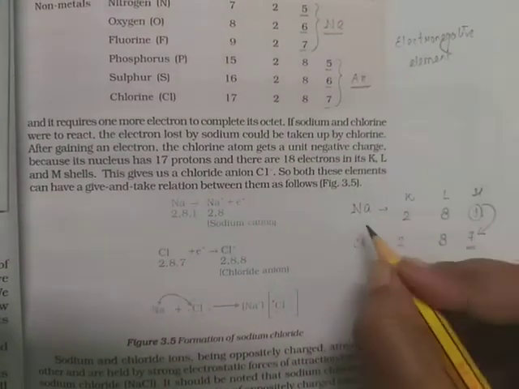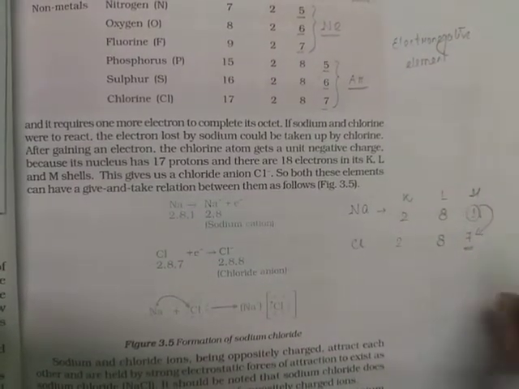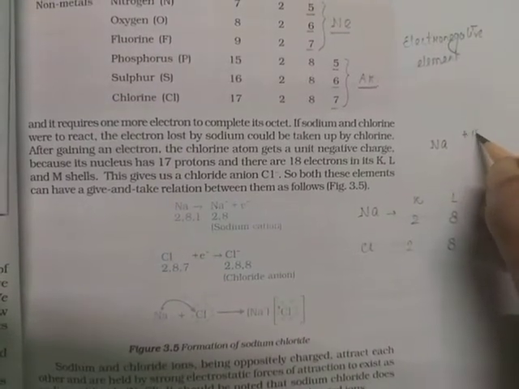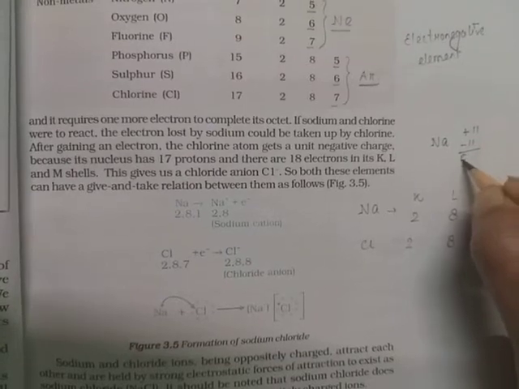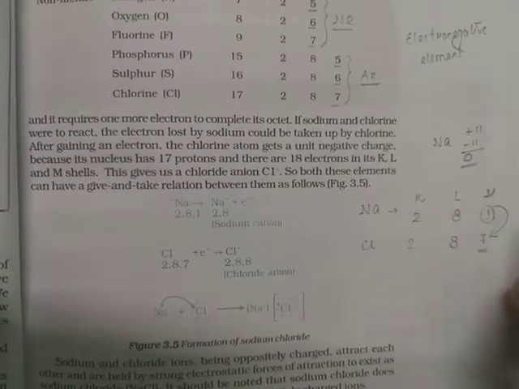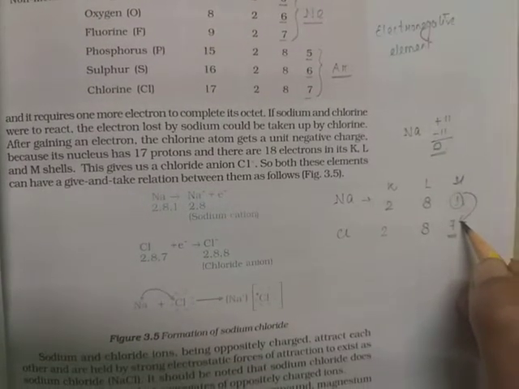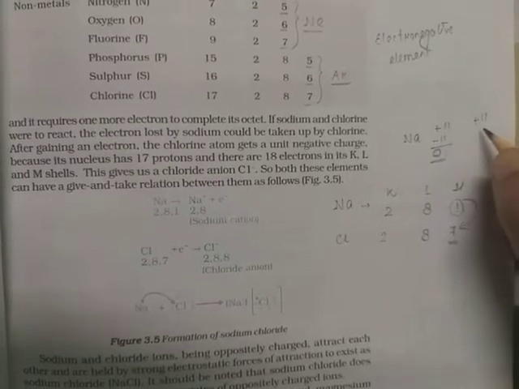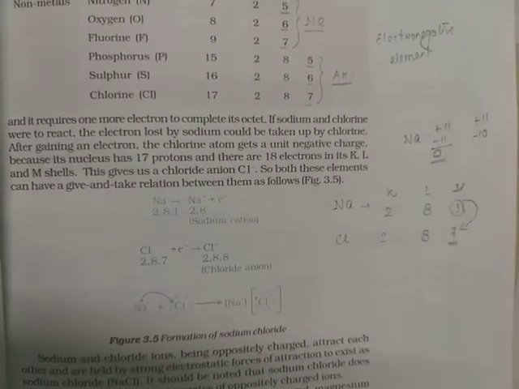Since a sodium atom is electrically neutral, it has 11 protons and 11 electrons. The net charge is 0. When one electron is completely transferred or lost from sodium, it still has 11 protons, so the charge is plus 11, but the number of electrons has come down to 10.